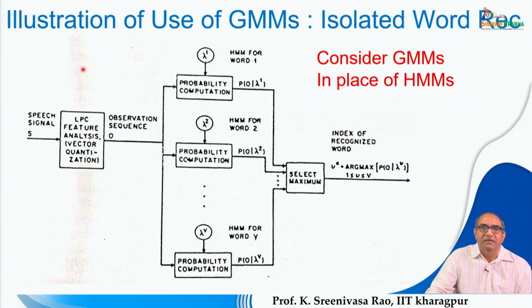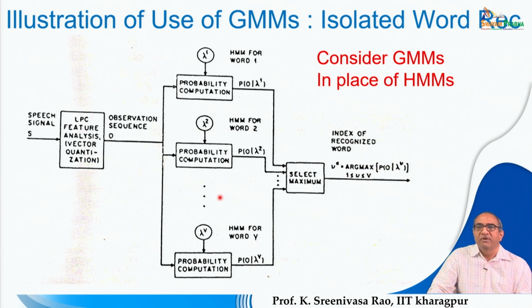In isolated word recognition, the number of words is finite. It may be 10 or 20, depending upon the task. So for building a model for an isolated word recognition system, the number of words that need to be recognized is limited.